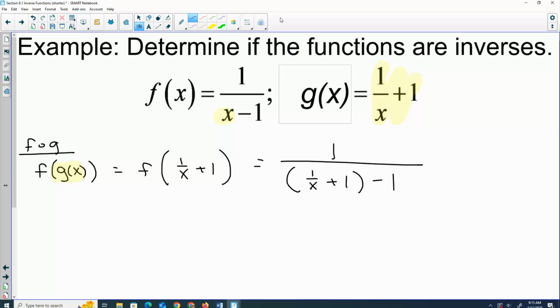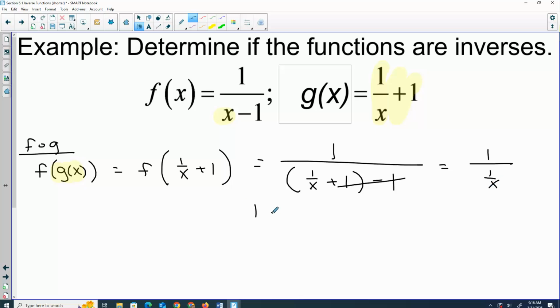If I have to work that out, what do we do first? Okay. So we have plus 1 minus 1. Those cancel.